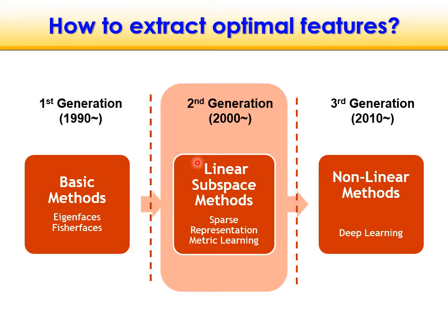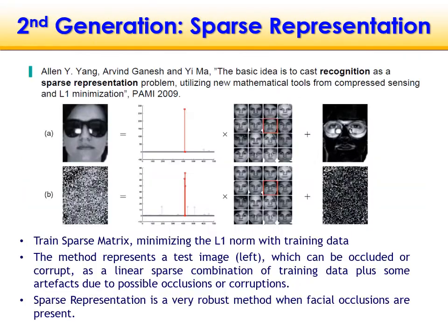So in the second generation, it's an evolution of both the projection and how we compare, what kind of metric we use to compare projected faces. So instead of linear projection, we use different kinds of subspace methods, and we also use different kinds of metrics to compare the vectors.